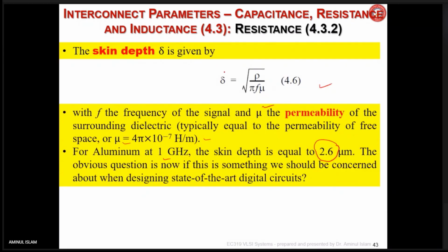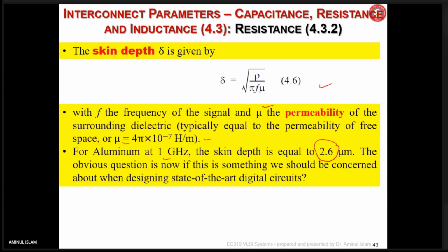The skin depth delta is given by the square root of rho by pi f mu, where f is the frequency of the signal, and mu is the permeability of the surrounding dielectric, typically equal to the permeability of free space, or mu equals 4 pi into 10 to the minus 7 Henry per meter. For aluminum at 1 gigahertz, the skin depth is equal to 2.6 micrometer.